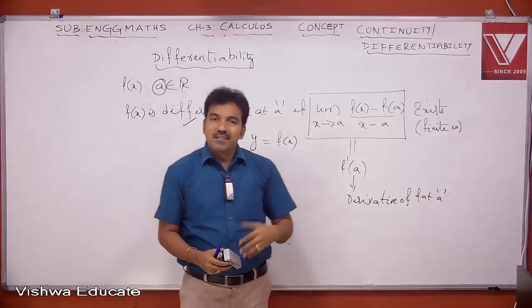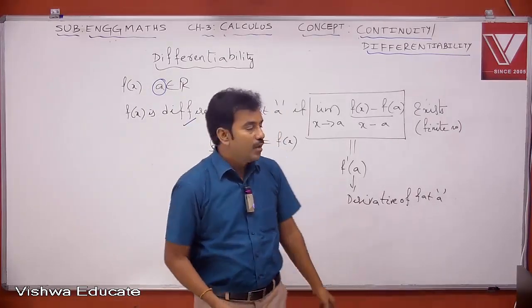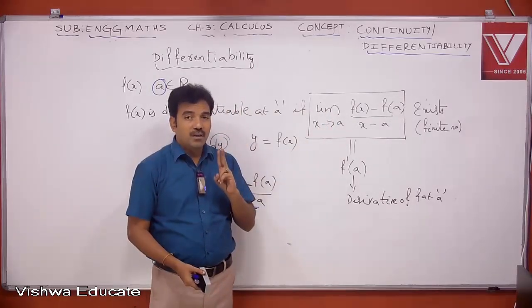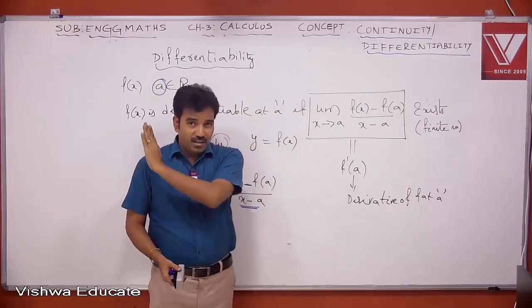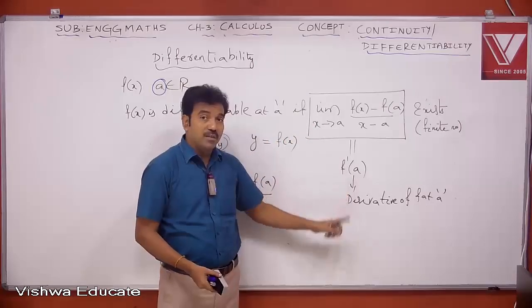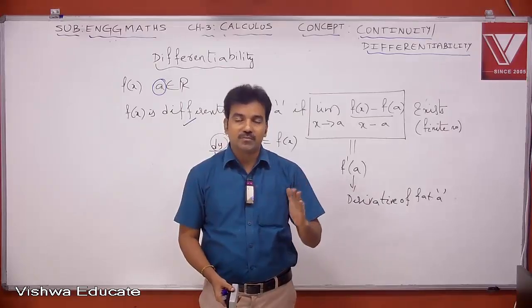Now we discuss left hand and right hand derivatives, because when we discuss limits we need to discuss two approaches. One is the left side approach, the other is the right side approach. Because the derivative is expressed in terms of limits, we need to go for the left side derivative as well as the right hand derivative.